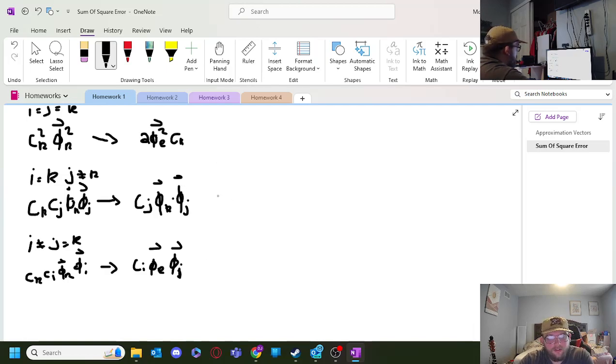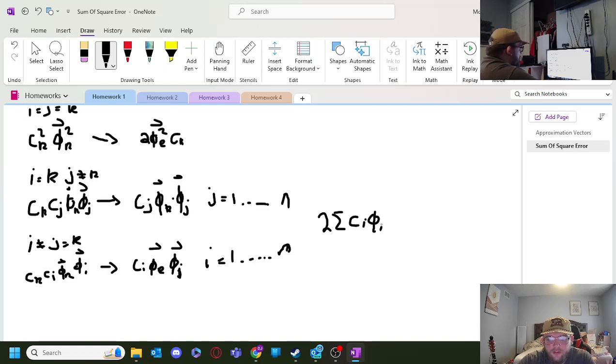However, if you notice, j goes from 1 all the way to n, and i is also 1 all the way to n. So when we go down to rewrite this all together, these aren't going to be separated. These are just going to be 2 times the sum of c_i phi_i dot product of phi_j.